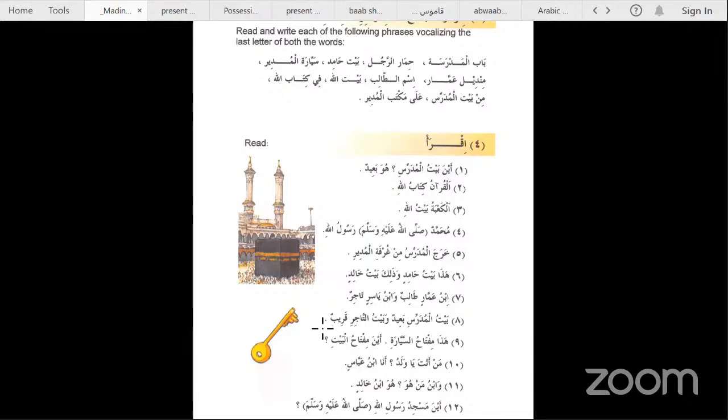Muhammad, peace be upon him, is the messenger of Allah. Kharaja al-mudarrisu min ghurfatil mudir. The student left the teacher's house. هذا بيت حامد وذلك بيت خالد. This is Hamid's house and that is Khalid's house. Excellent.